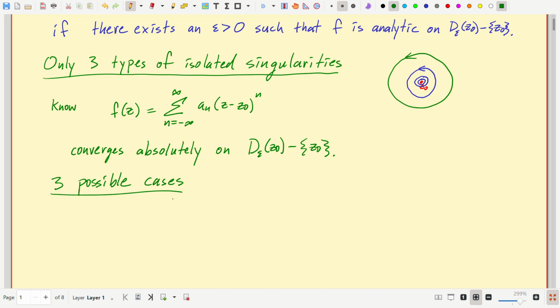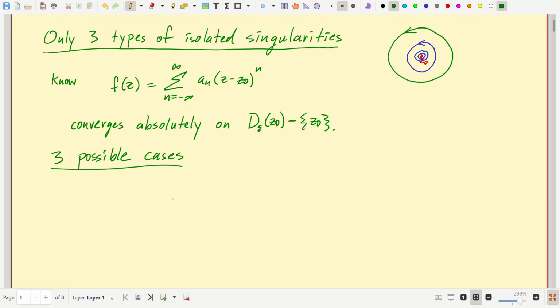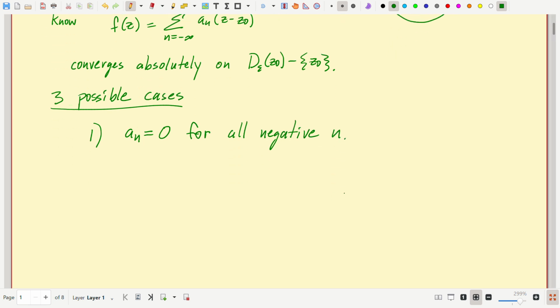One, maybe the a_n's, all the negative ones, they're the scary ones. So the first possible case is all the a_n are 0 for negative n. Then in this case, we're going to see that z0 is a removable singularity.